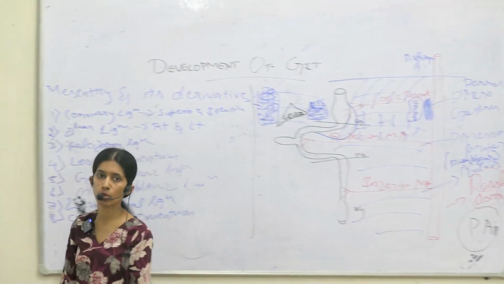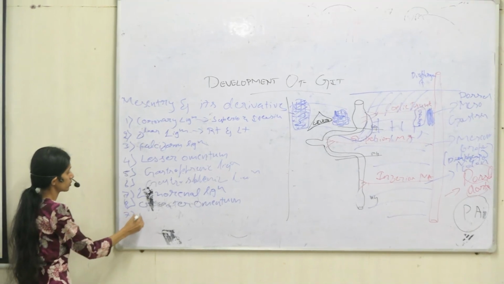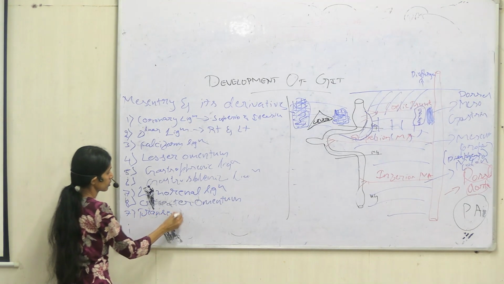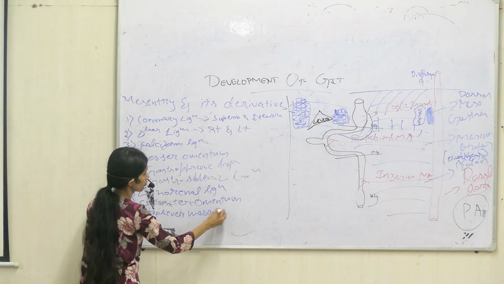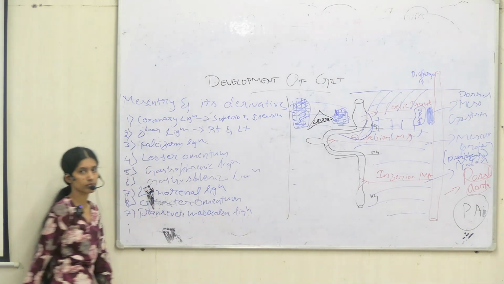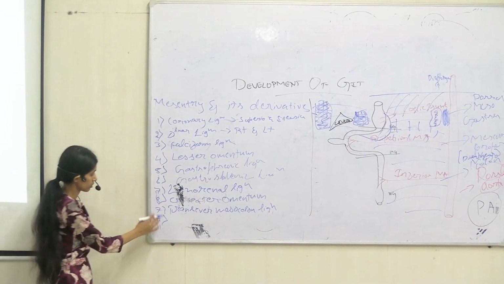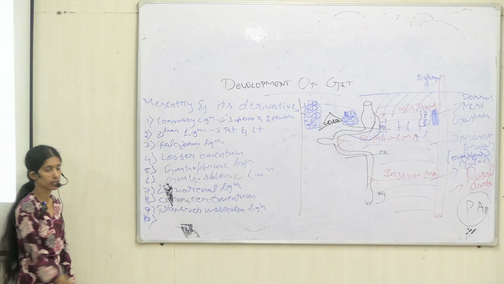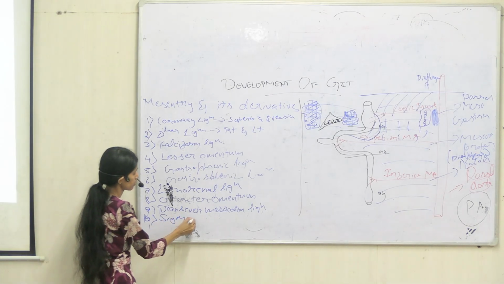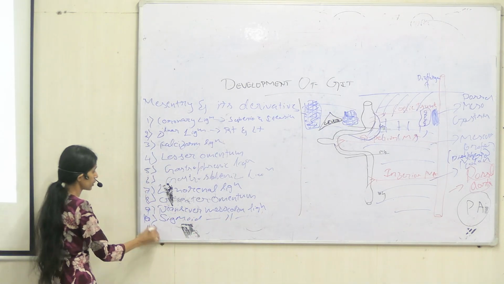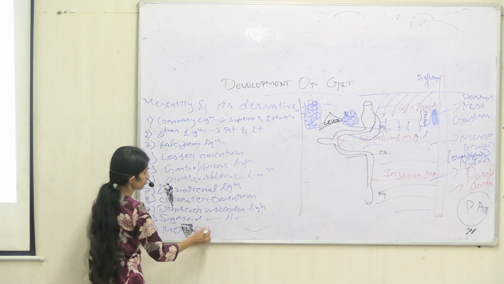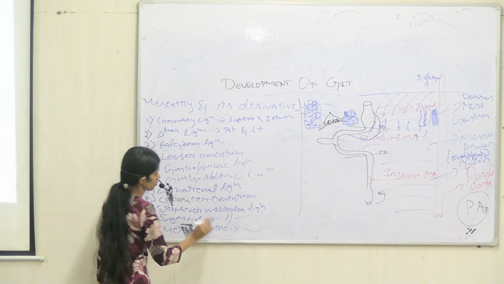And the mesocolon will develop into the transverse mesocolon ligament, followed by the sigmoid mesocolon ligament and the mesoappendix. At last we can see the mesoappendix. These are the derivatives of your mesentery.